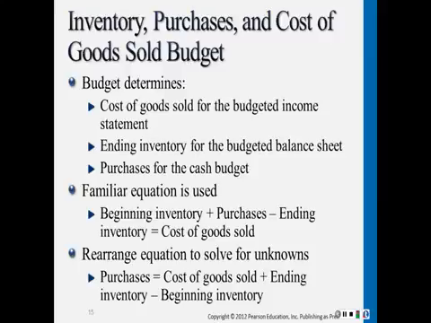Budgeted cost of goods sold averages a percentage of sales, and budgeted ending inventory is a computed amount. You must solve for the budgeted purchases figure. To do this, rearrange the previous equation to isolate purchases. Purchases equals cost of goods sold plus ending inventory minus beginning inventory.